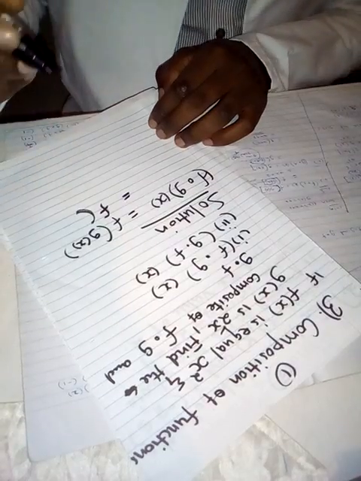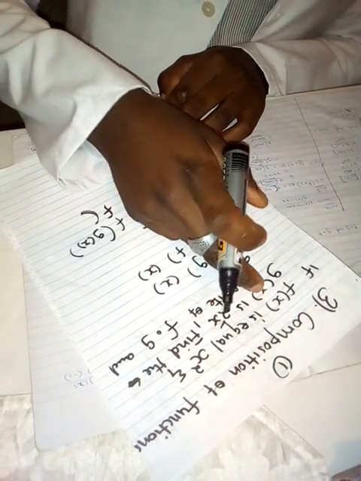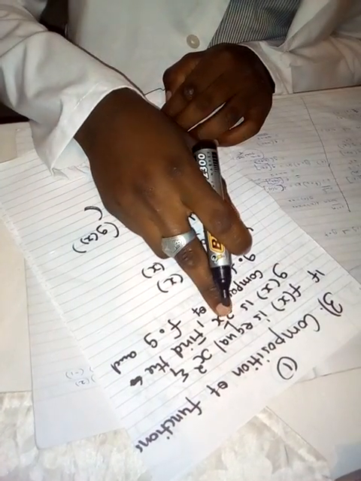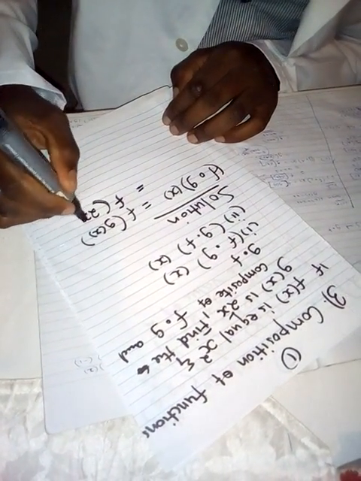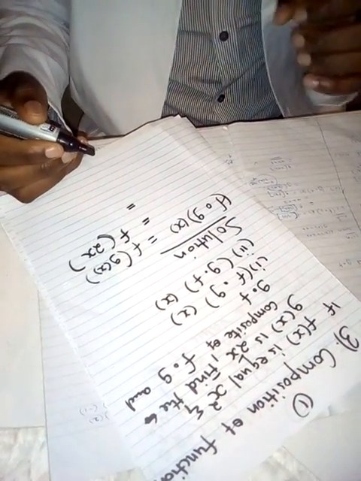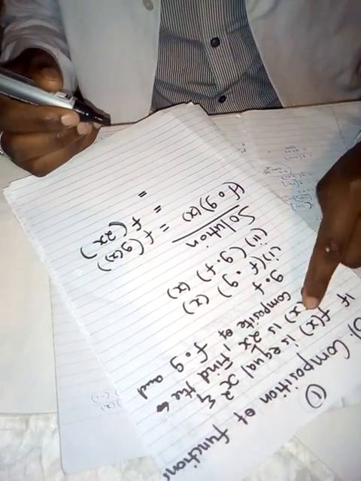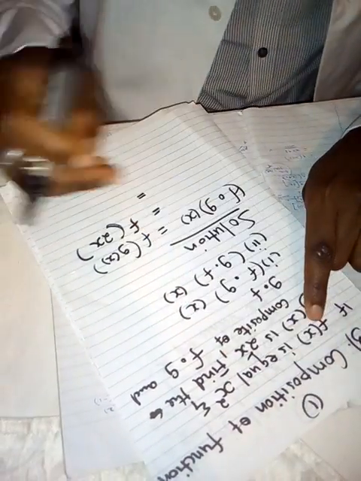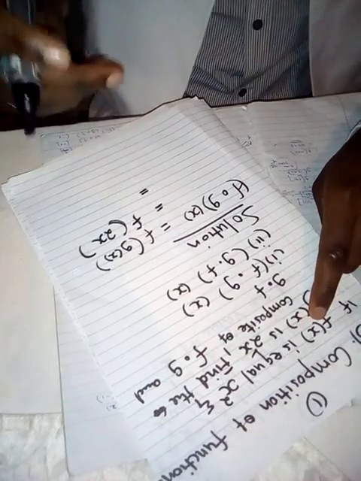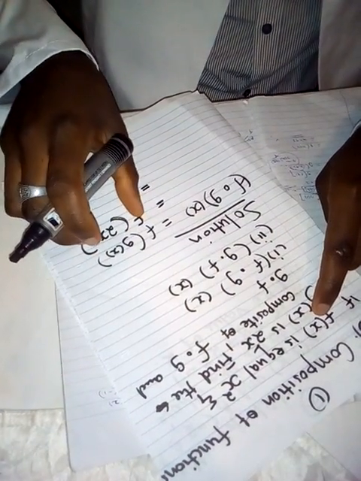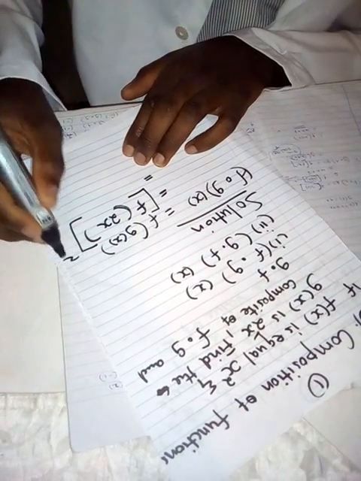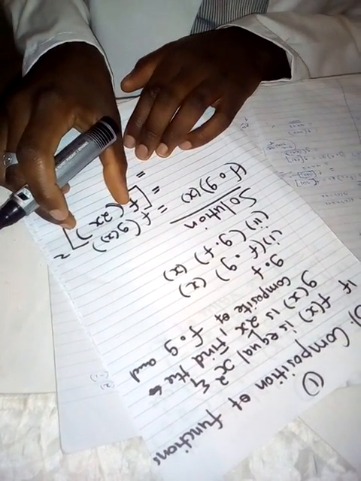You should remember this 2x is the value of this one. Then you come down here and write the value 2x, and remember f is also given. f is x squared, so instead of writing f here, you write this value, and you simply say this one squared, because all of this is the x.